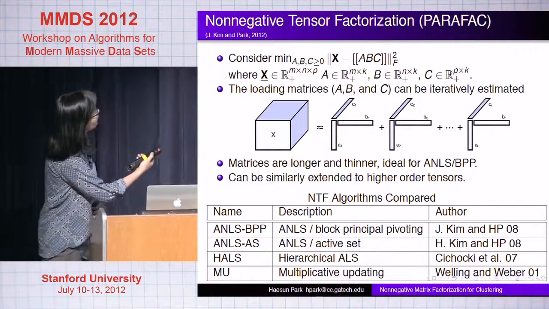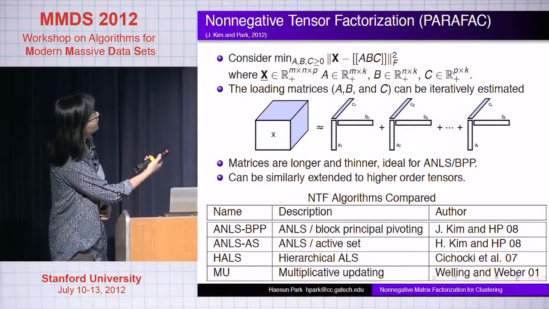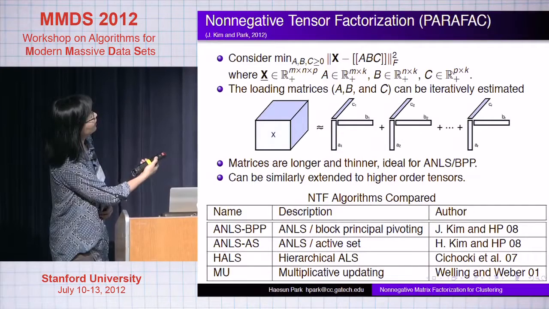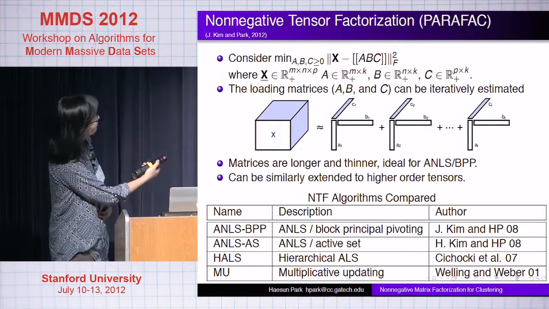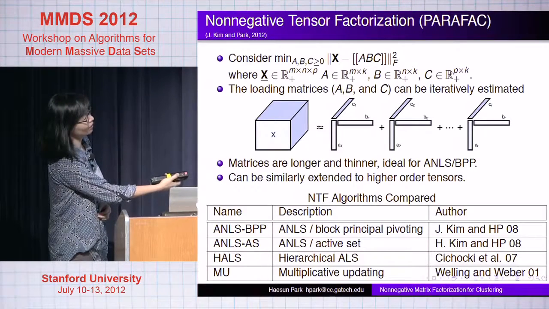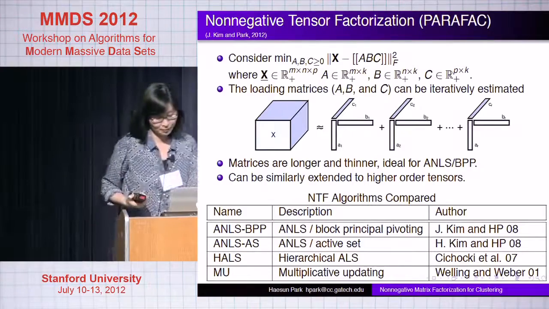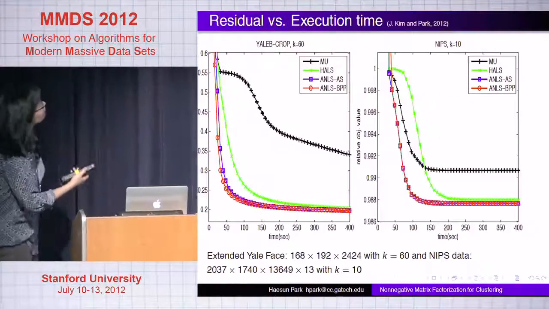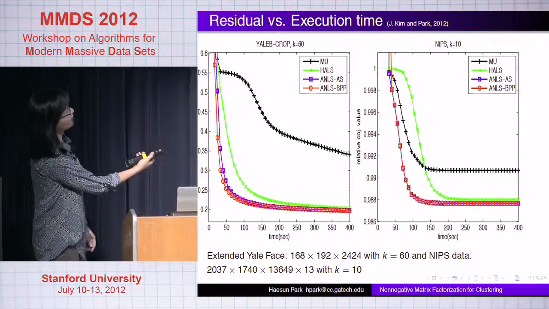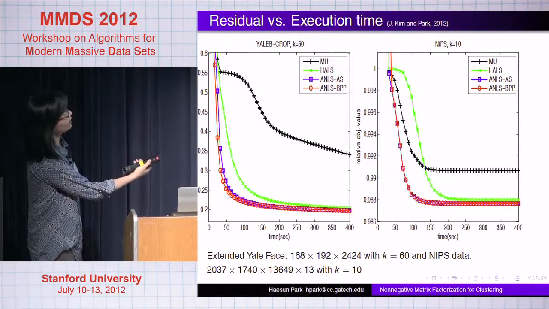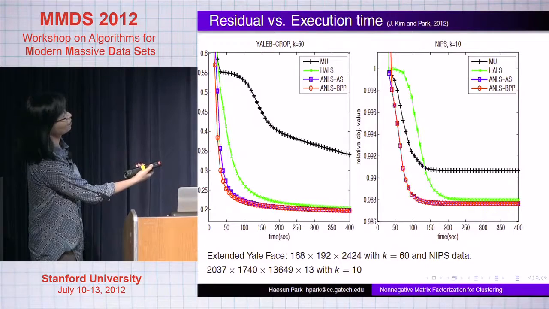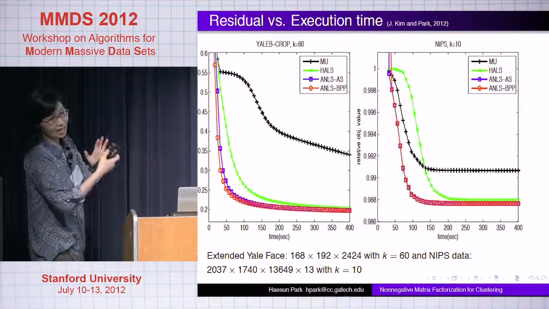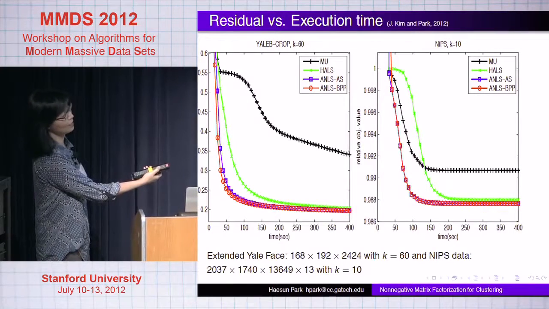So for tensors, we compared ANLS block principal pivoting, ANLS active set, and Haesun, and multiplicative updating by Welling and Weber. And we saw a similar trend. This is the extended Yale face database, 168 by 192 for each image, and there are 24 images.